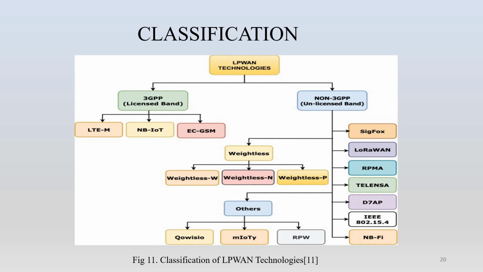The licensed band is also called 3GPP, which we'll be discussing in the coming slides. 3GPP is classified into three types: LTE-M, NB-IoT, and EC-GSM. The non-3GPP group includes Weightless, and the others are Sigfox, LoRaWAN, RPMA, Ingenu, D7AP, IEEE 802.15.4k, and NB-Fi. Weightless contains Weightless-W, Weightless-N, Weightless-P, and others. So these are about the classification part.